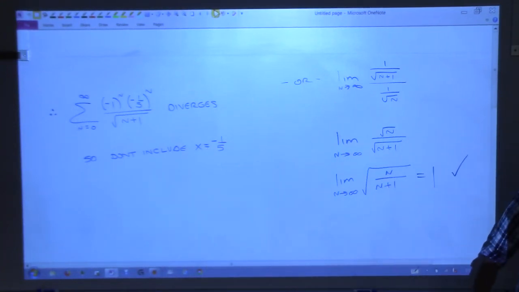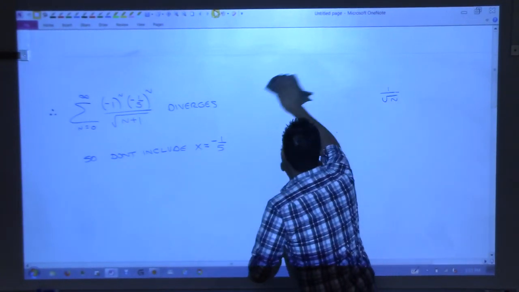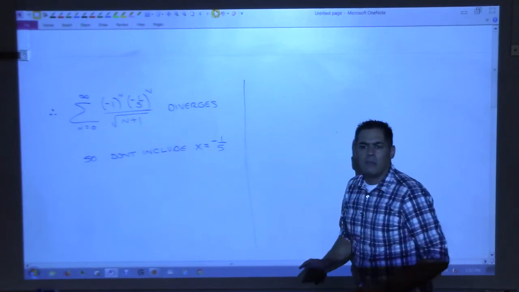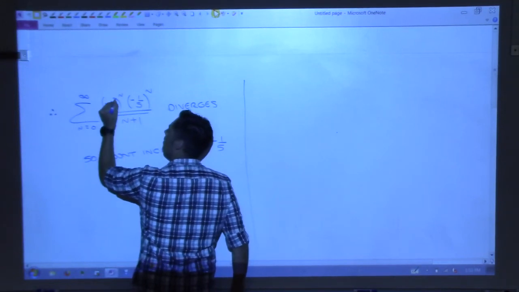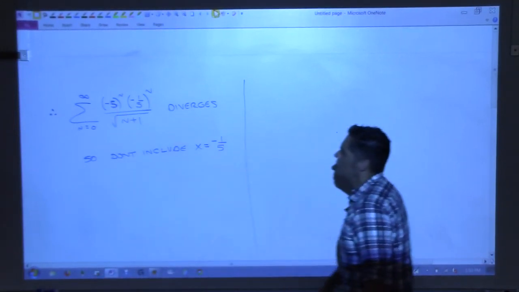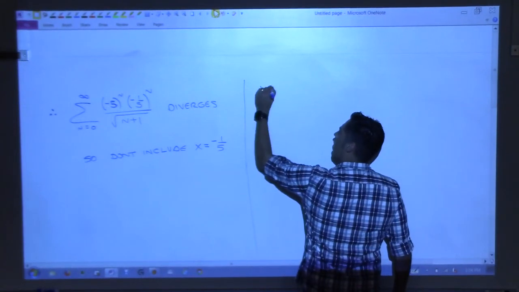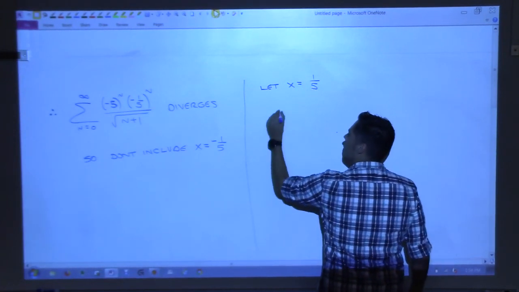We have to do the same for 1/5 now. Yeah, it was. Thank you. It was negative 5 to the n right there. So now we test the other endpoint. Let x be 1/5 this time.